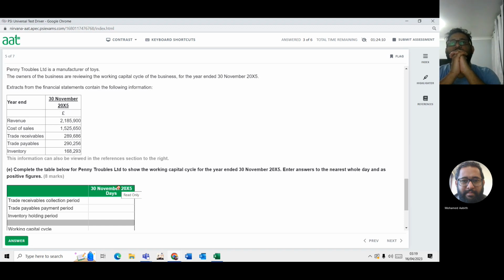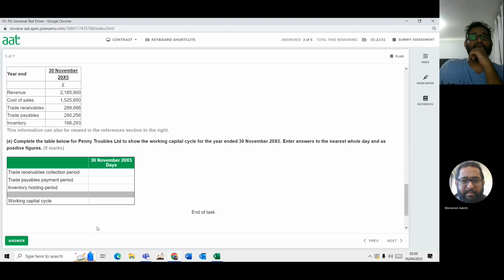They also want you to complete the following tables for Penny Troubles Limited to show the working capital cycle for the year ended 30th of November 2015. The answers are to the nearest whole day and as positive figures. So they want you to get those numbers, and then of course you're going to find the working capital cycle with this information given to you.